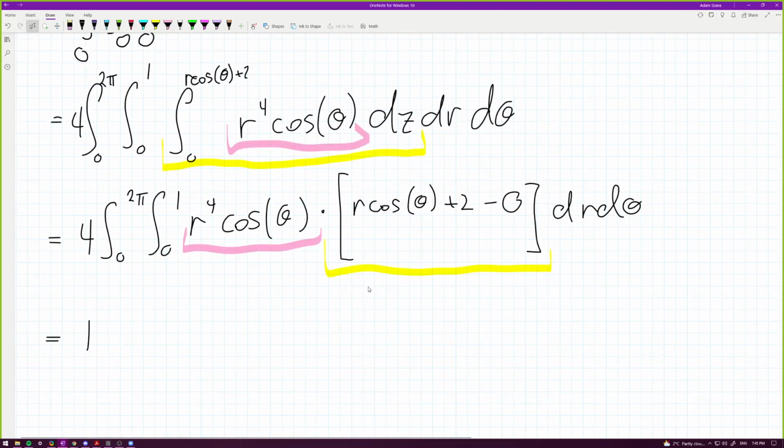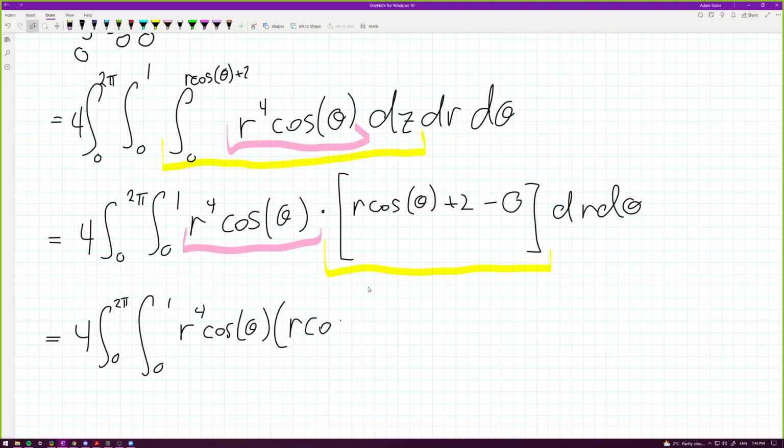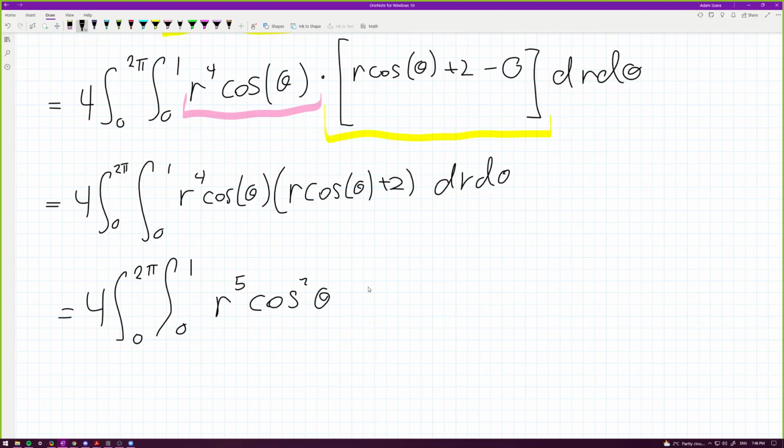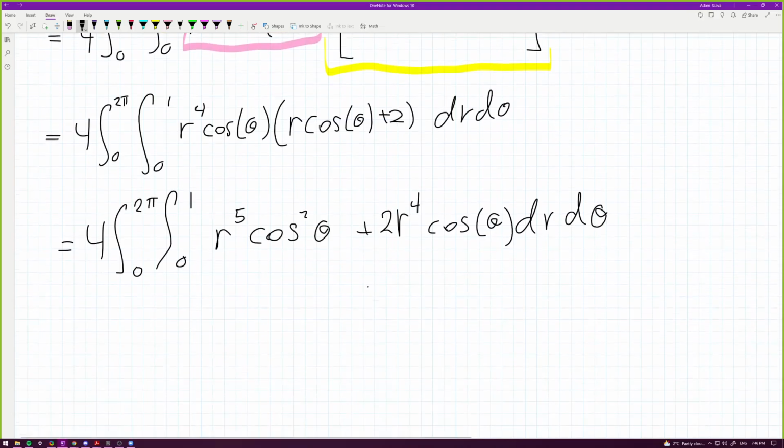So then we have just 4 integral 0 to 2 pi integral 0 to 1 of r to the 4 cos theta times r cos theta plus 2 dr d theta. So 4 integral 0 to 2 pi integral 0 to 1. Okay, so r to the 5 cos squared theta plus r to the 4 cos theta times 2, dr d theta. Okay.